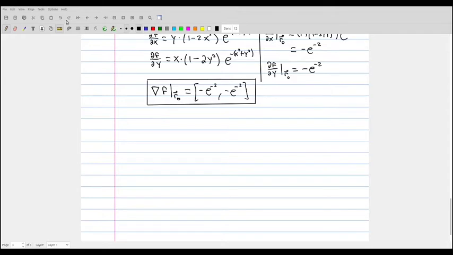So this concludes step 1 of this directional derivative calculation. Step 2 is to calculate the unit vector pointing in the desired direction.